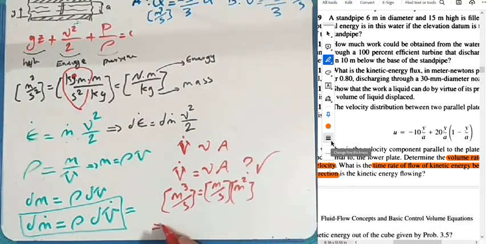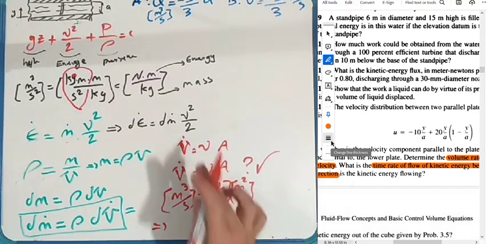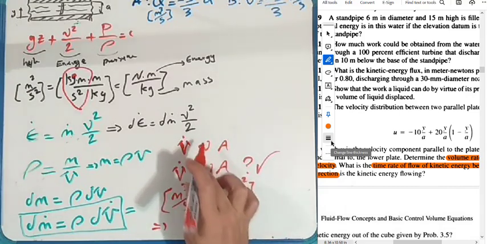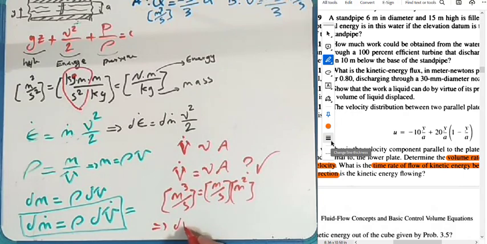Then I will write differential of V dot equals nu, which is constant, dA. I will put it inside.